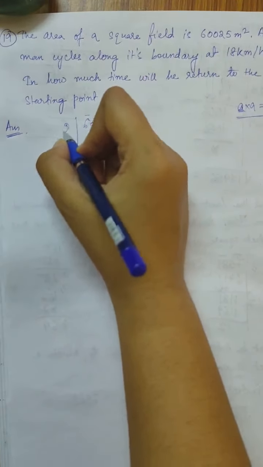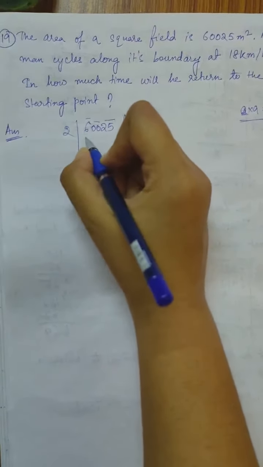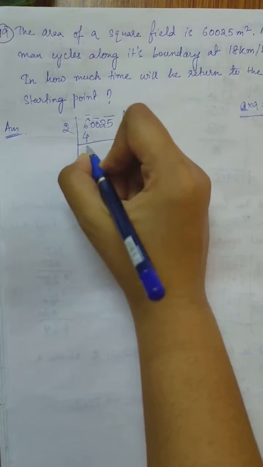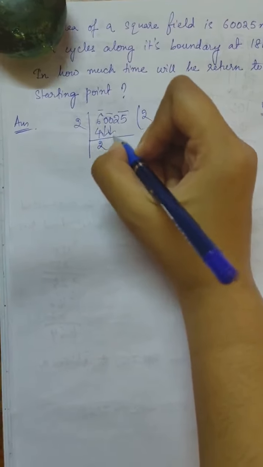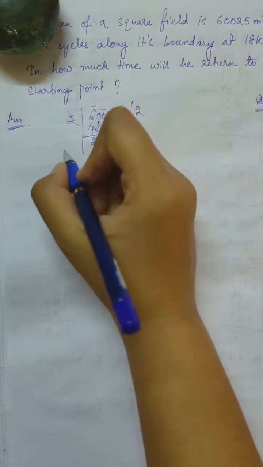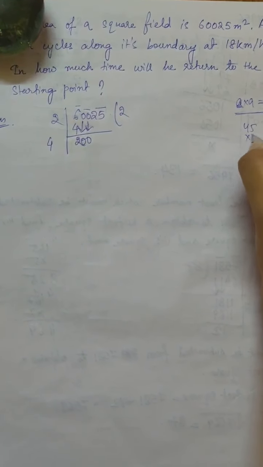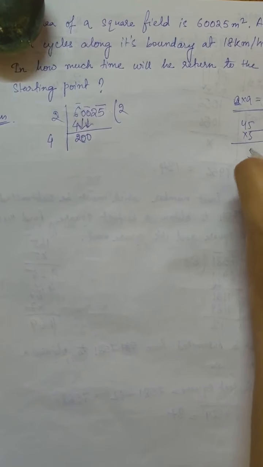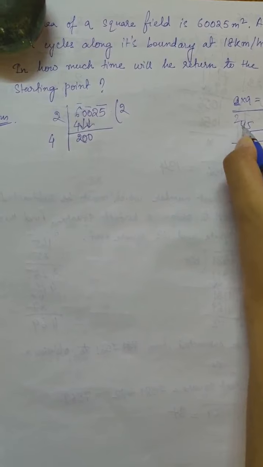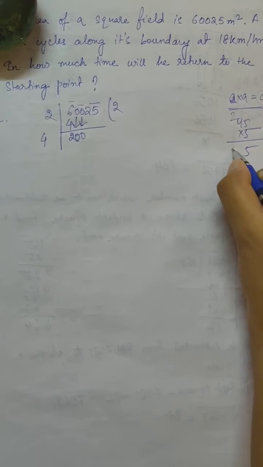So we already know that 2 into 2 gives us 4. So the remainder is 2. Now this 00 comes down together. The double of 2 is 4. If you do 45 into 5, 5 into 5 is 25, carry 2, 5 4s are 20, 20 plus 2 is 22.